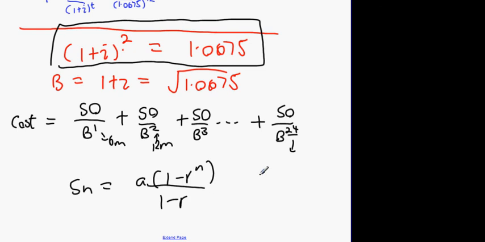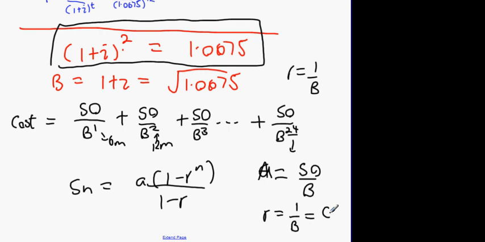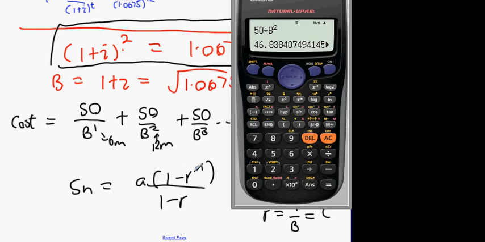Our small a value is 50 over b. Our r value is getting multiplied by 1 over b each time. So we're going to save 1 over b as the letter c. So we can just do 1 divided by b, then store that as the letter c.